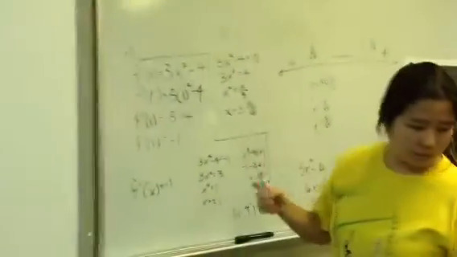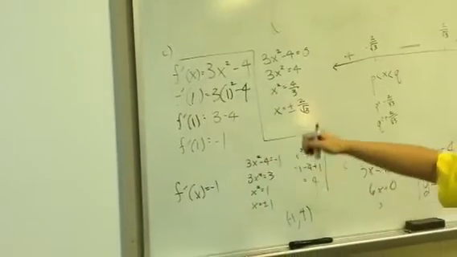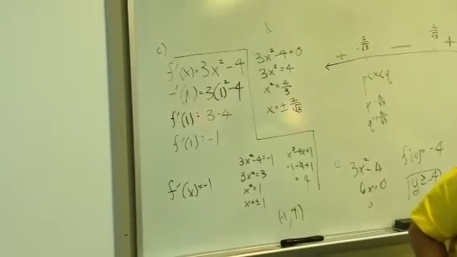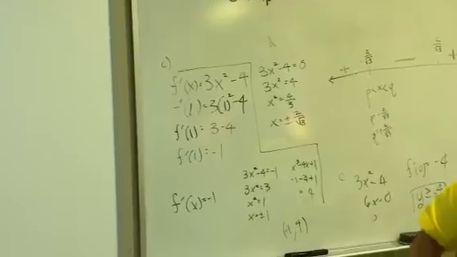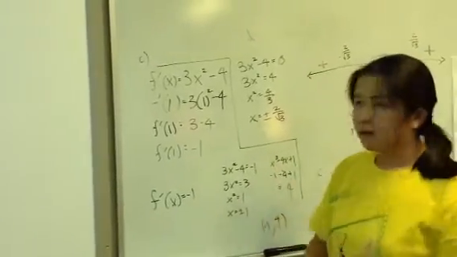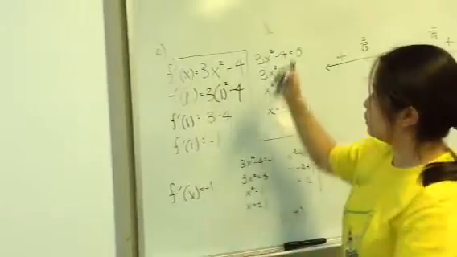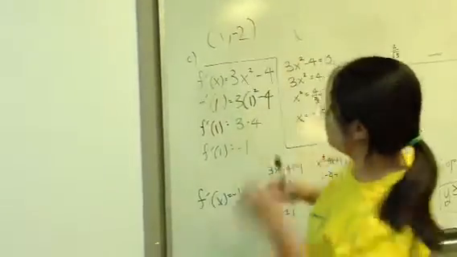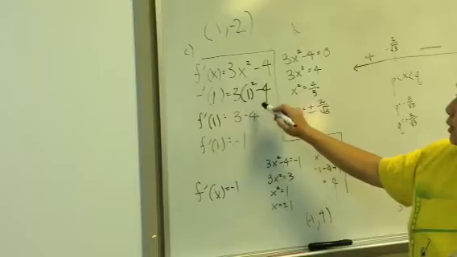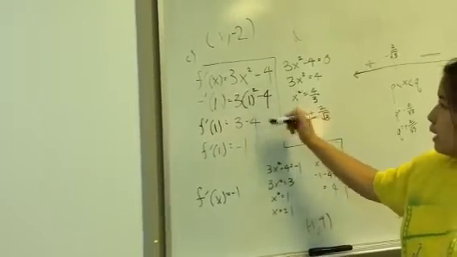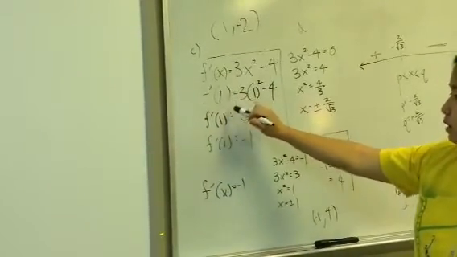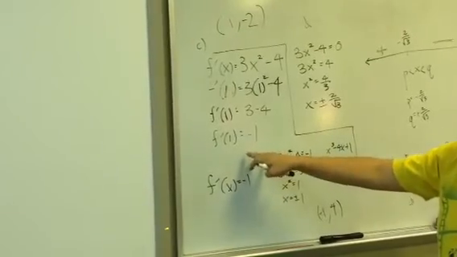For part C, they give you a point, and from there they give you the point -1 to -2, and from there you have to plug in 1 to find the gradient or the slope or the derivative at f prime of x equals f prime of 1, which is going to end up having a gradient of -1.